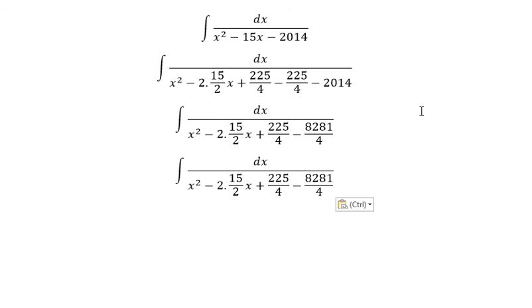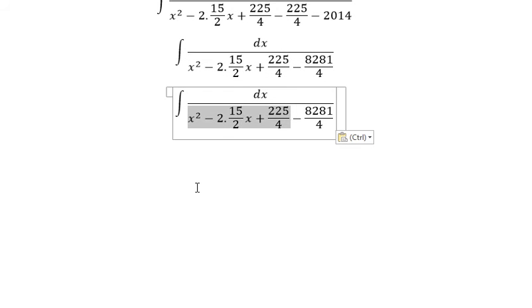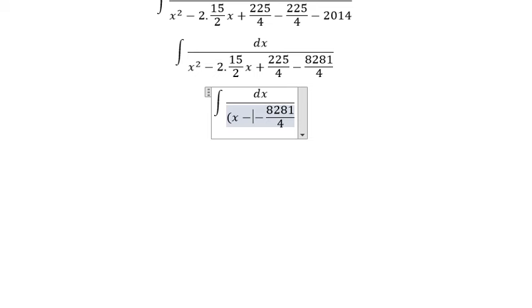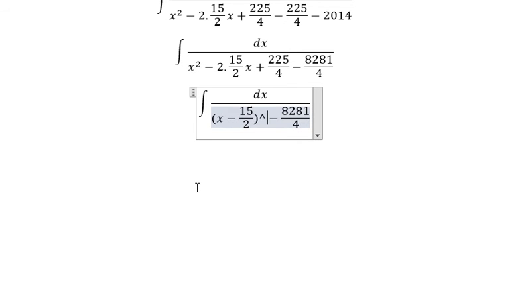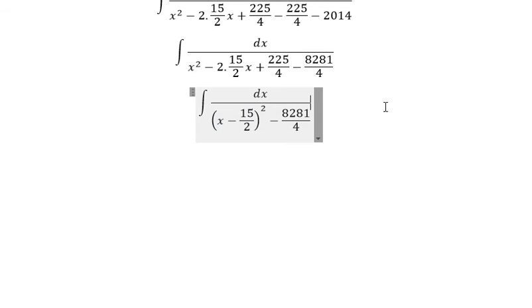Next, in this one, we can convert into x minus 15 over 2 to the power of 2. Now, we can use integration by trigonometric substitution.